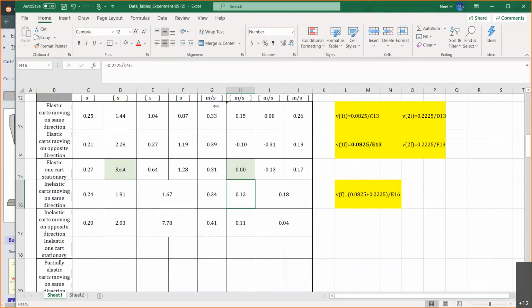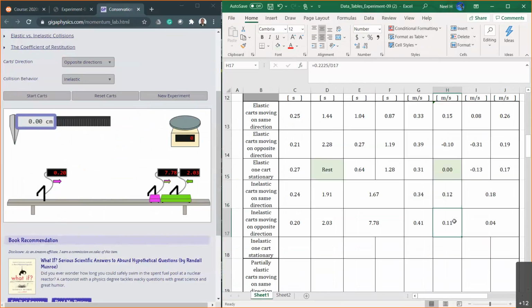And also, card number 2 before collision should be negative. So I have to multiply this 0.11, cell value H17, by -1. Then only I have the correct sign attached to that. Okay.